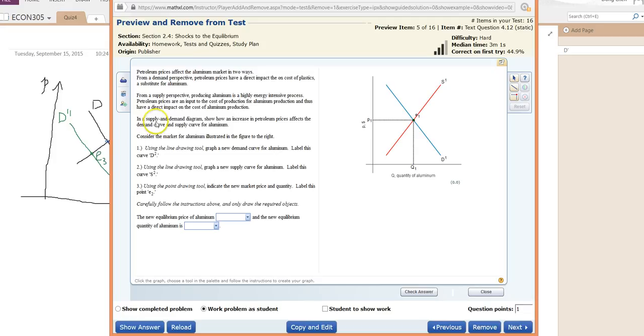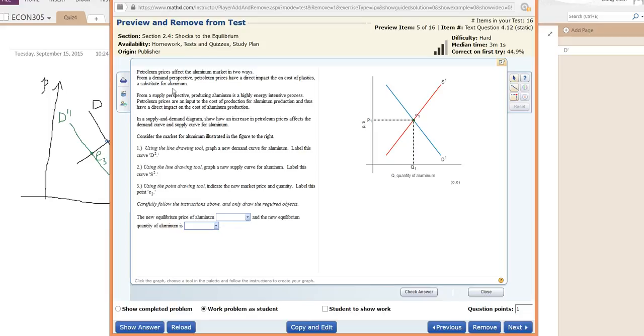The setup says that the petroleum prices affect both the demand and the supply. And in terms of the demand, petroleum prices have a direct impact on a substitute for aluminum. So if the petroleum prices go up, the price of the substitute goes up. If the price of a product goes up, the demand should go down.